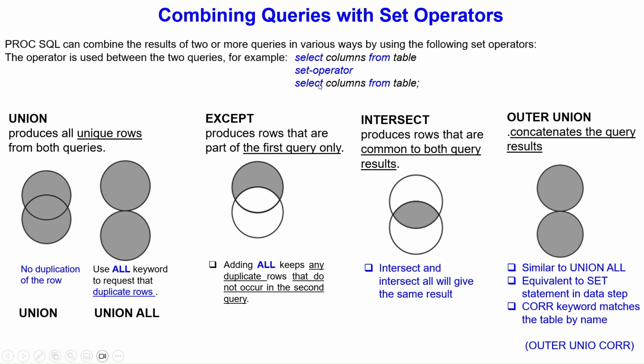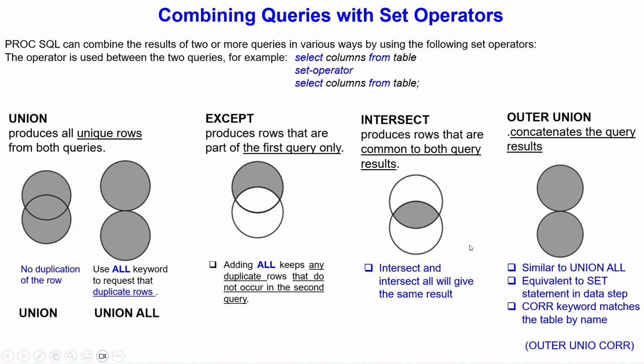The other set operator is outer union. That is very important, and it concatenates the query results. This is very similar to union all, and equivalent to the set statement in the data step. If you use the corresponding keyword, it matches the tables by name, so variables with the same name come together in a common column.